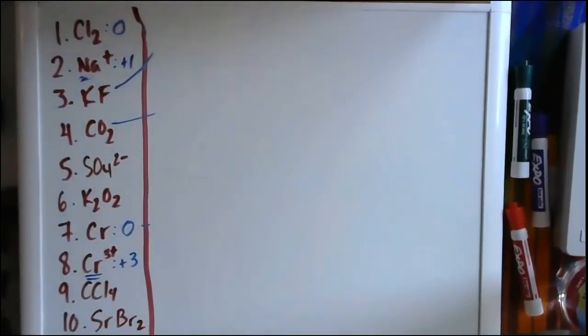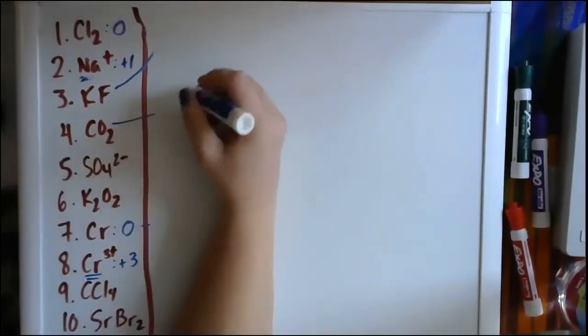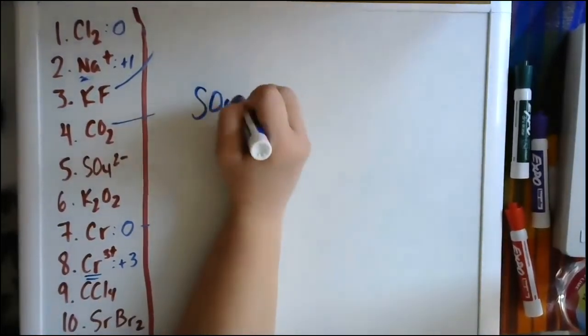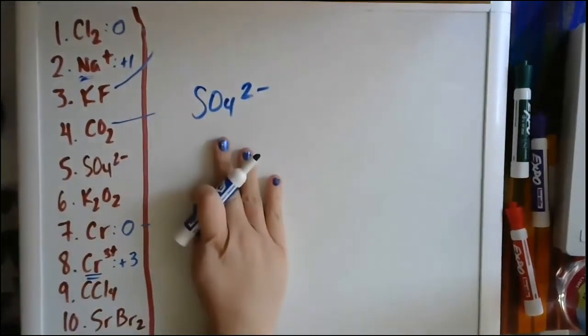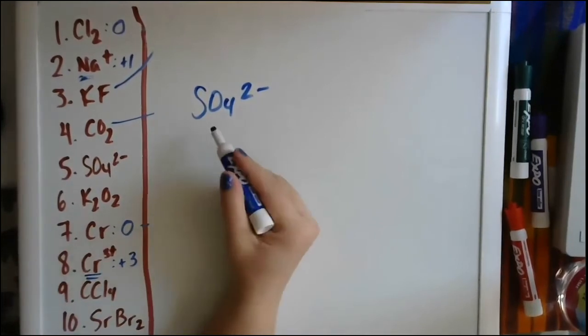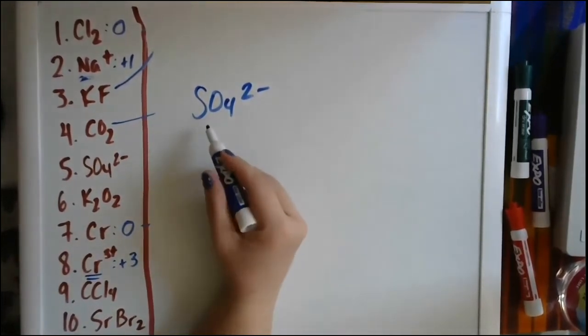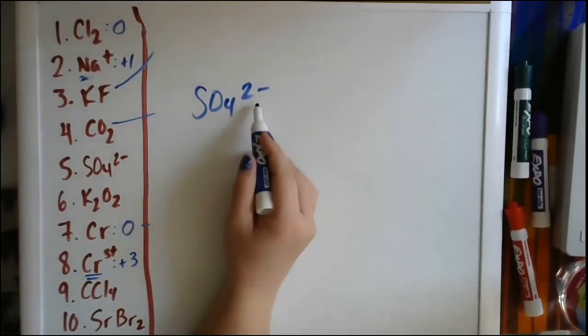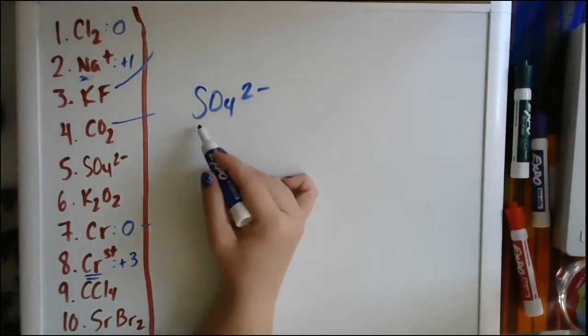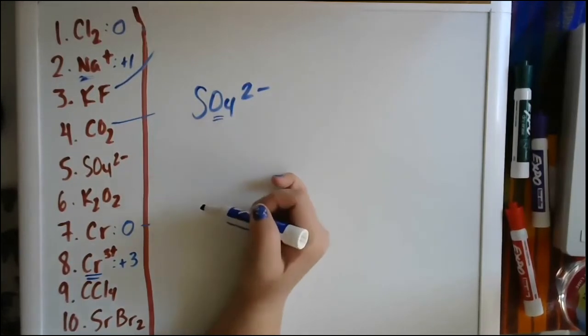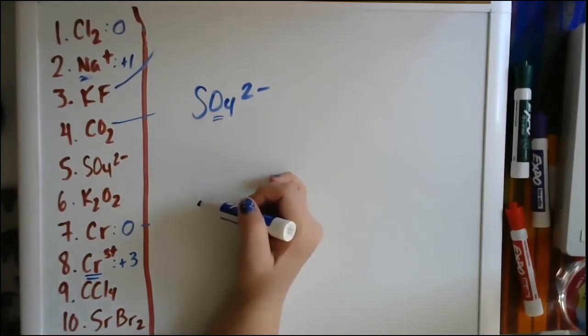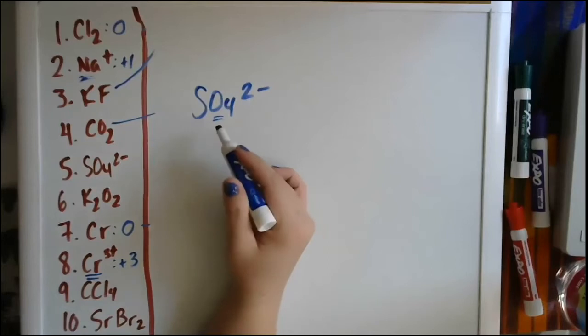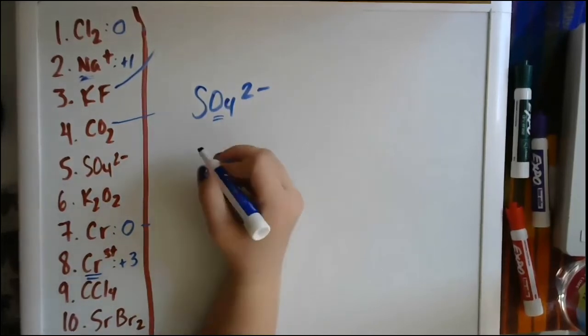Let's look at the next one. SO4 2-. This is a polyatomic ion. So now when we sum up the oxidation states of the components of this polyatomic ion, we should get -2. Between the sulfur and the oxygen, we're going to use the oxidation state of oxygen from our previous list as our starting point.